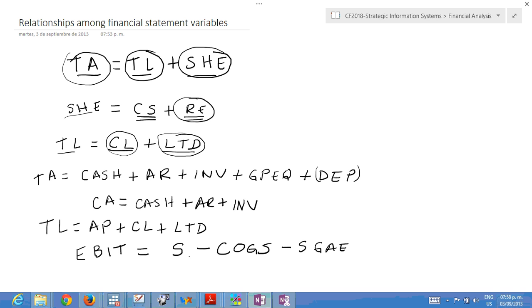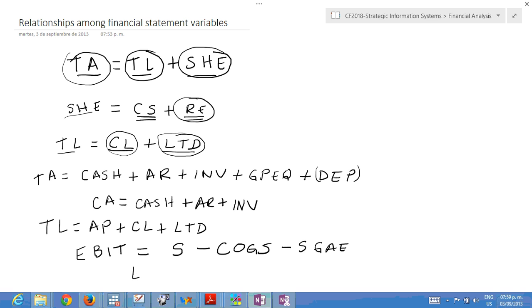If you're a production company, you have the revenue, the sales, and you subtract the cost of raw material, the cost of labor, everything related to production, which is variable cost, and also all the fixed costs related to general administrative expenses. Then this is earnings before interest and taxes.